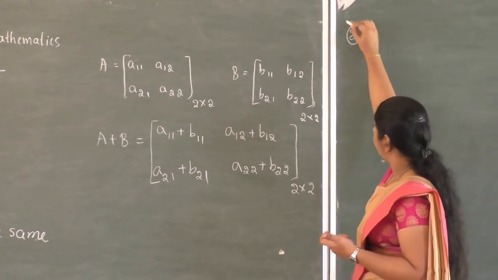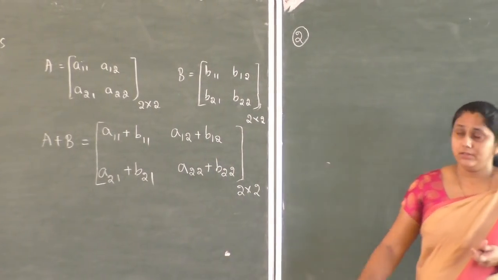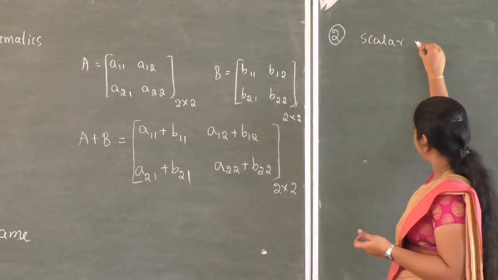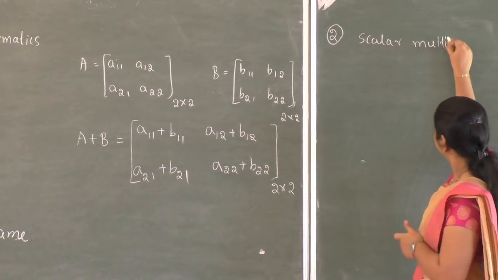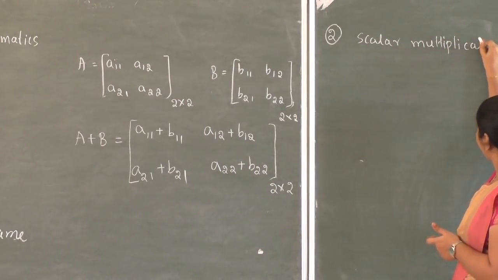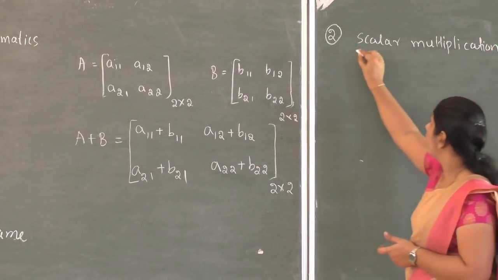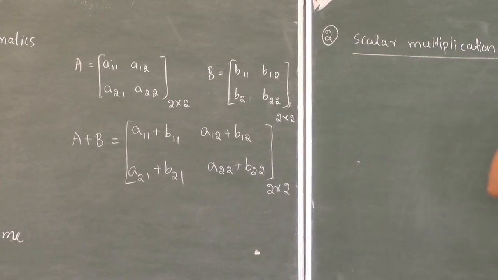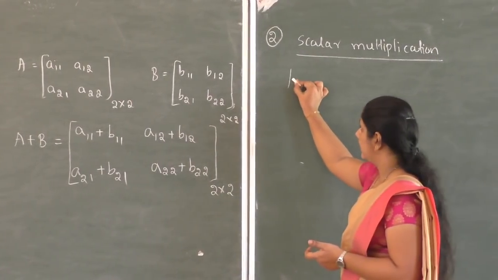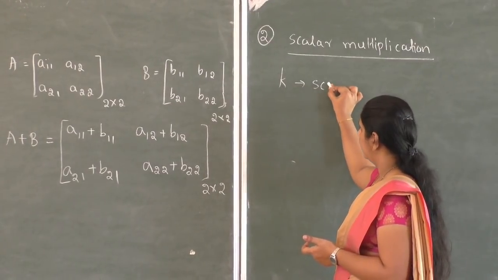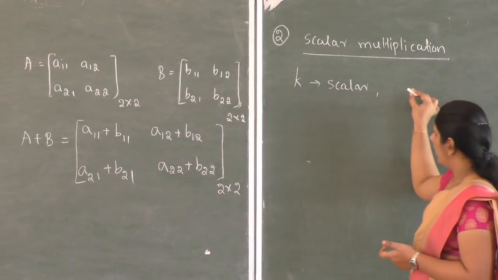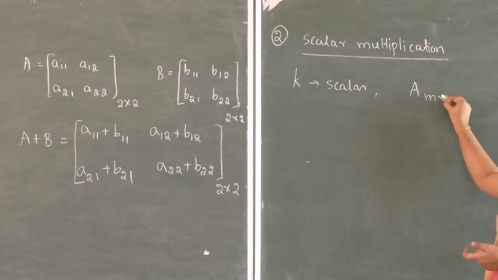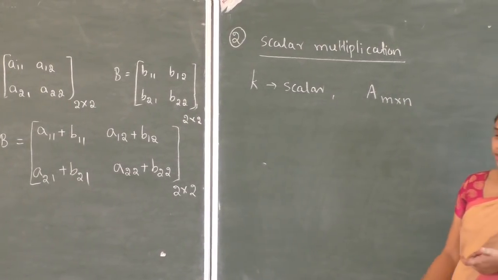Now, the second operation is scalar multiplication of a matrix. For this, consider a scalar K and A is any matrix of order m cross n.